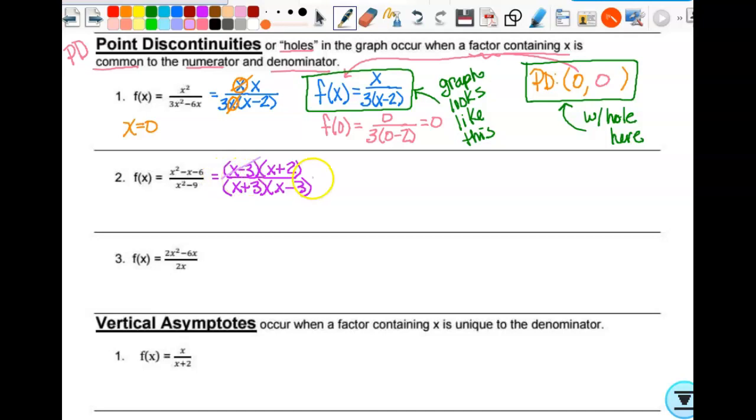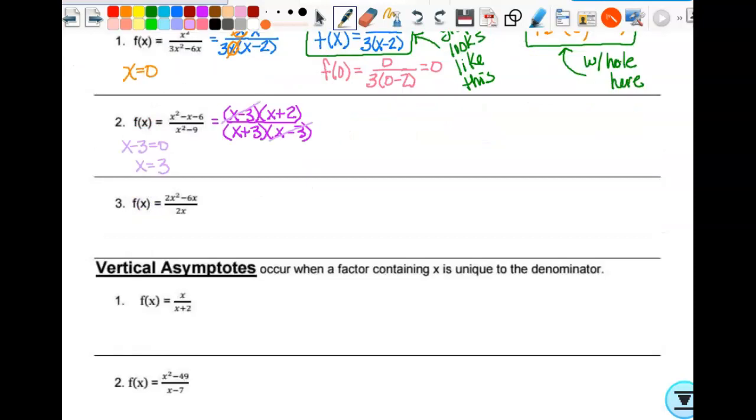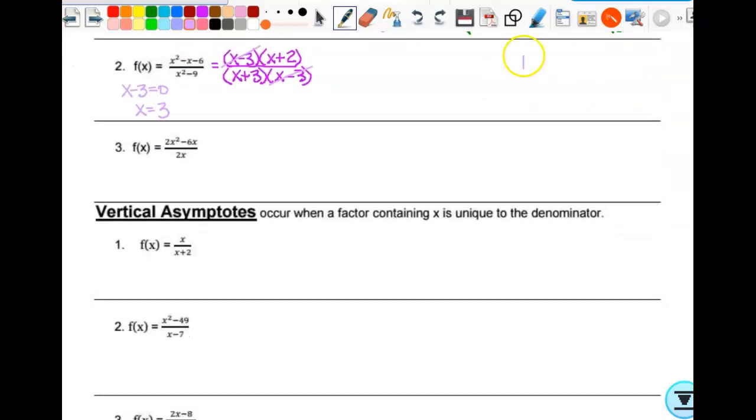I can cancel these out. So that means I get x minus 3 equals 0, so x equals 3. So for my hole, which is my point discontinuity, my x value is 3. We'll figure out the y value in just a second. My reduced function, f of x, is equal to x plus 2 over x plus 3.